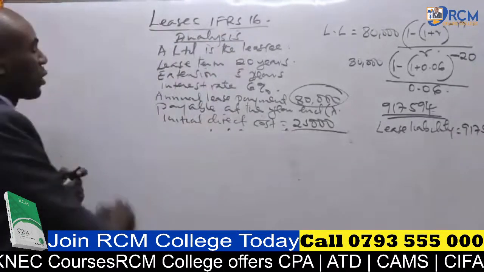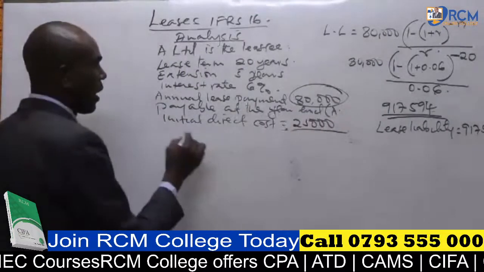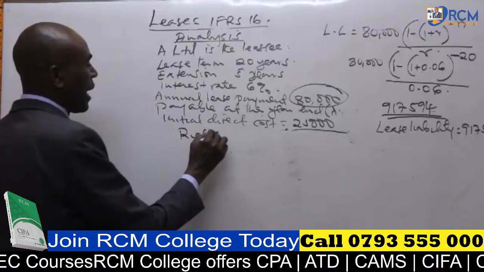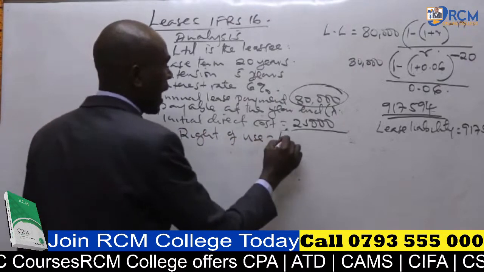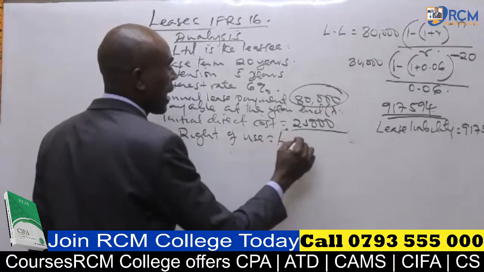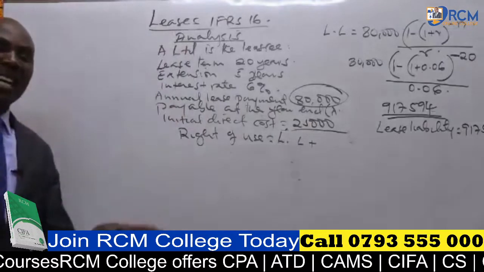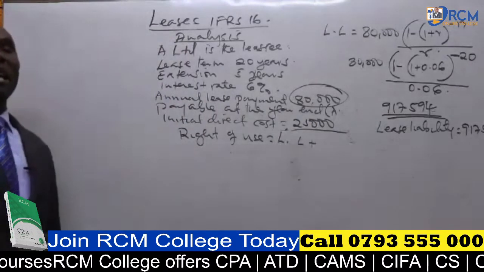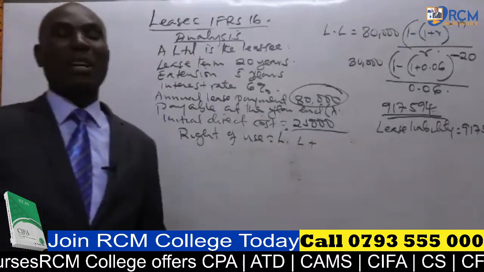Therefore, my right of use: the lease liability is that one, but the right of use equals lease liability plus any initial cost. Remember, we discussed any initial cost that is incurred by the lessee, like any direct cost, any dismantling cost.